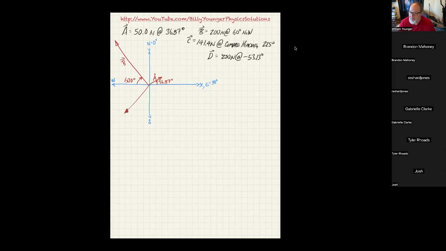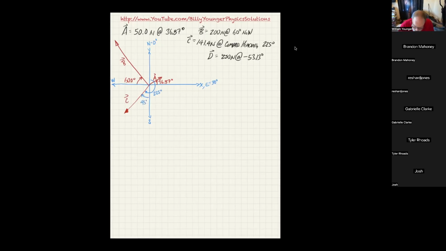You should draw it to scale, as many times as you can, for probably the first 5 to 10 vectors you add. This is going to be vector C. And in fact, this angle right here is 225 degrees, but this angle right here is 45. And that's what I'm going to be using.